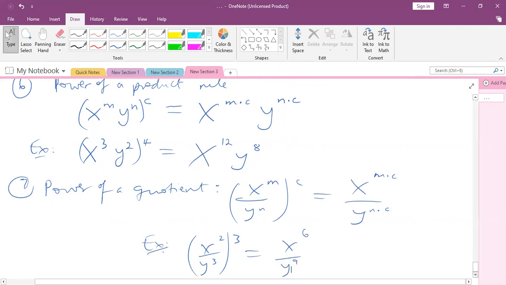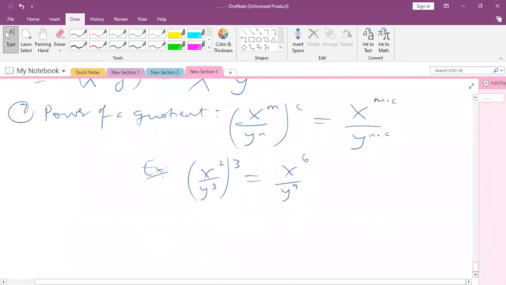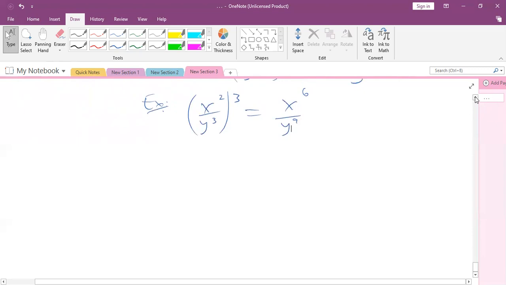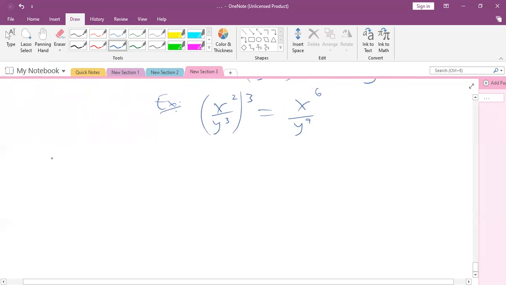Okay, great. Now, let me combine all these rules in one problem, and let's see if we can do that together. So I'll ask a question like this: simplify the expression.